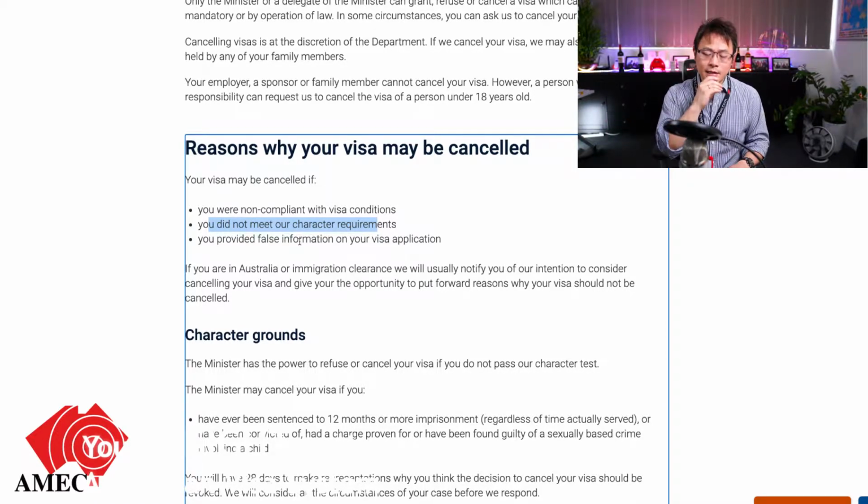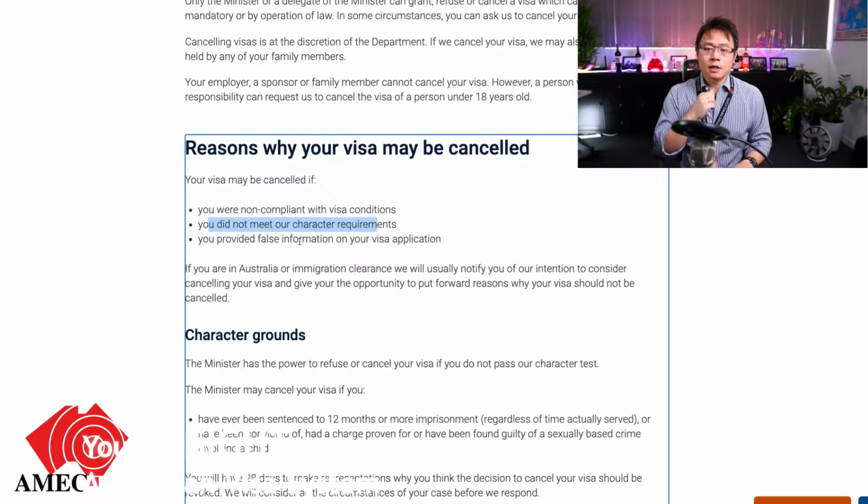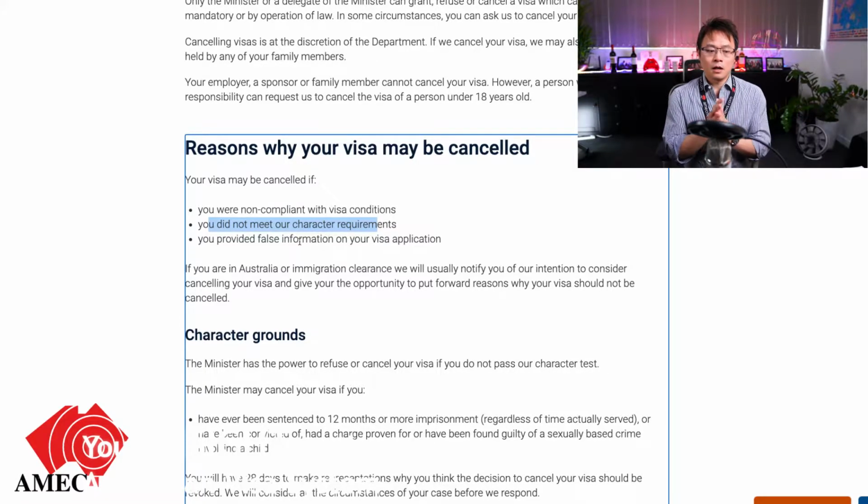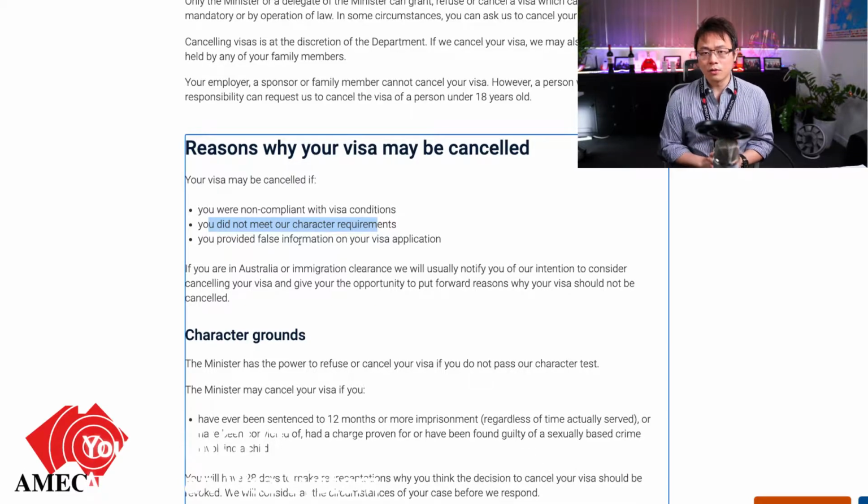And the other one is sex offenders. Australian regulations have a very strict rule regarding sex offenders. So if you have anything like this, you should consult with the legal profession before you lodge a visa.